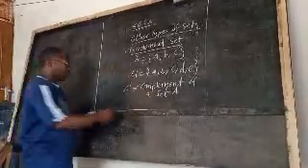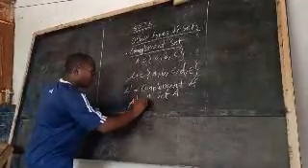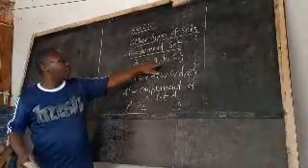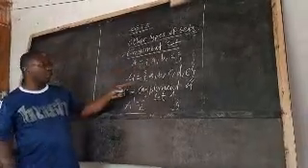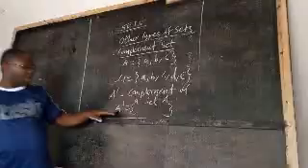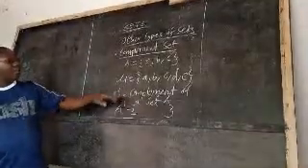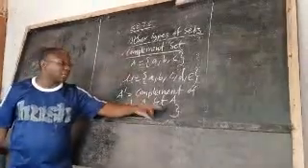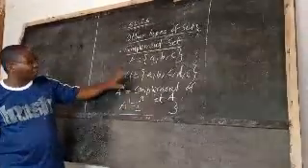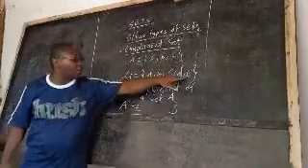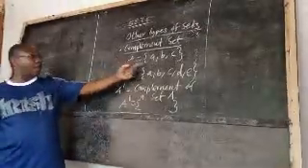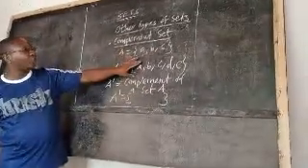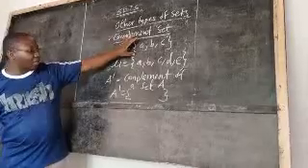For example, here A complement will be equal to C. In A we have A, B, and C, but in the universal set we have A, B, C, D, and E. For A complement, we place the elements which are not found in set A but are found in the universal set. So the elements found in the universal set but not found in set A are the elements of A complement.